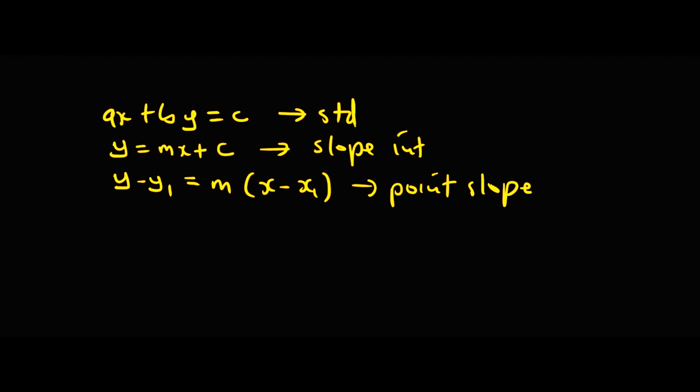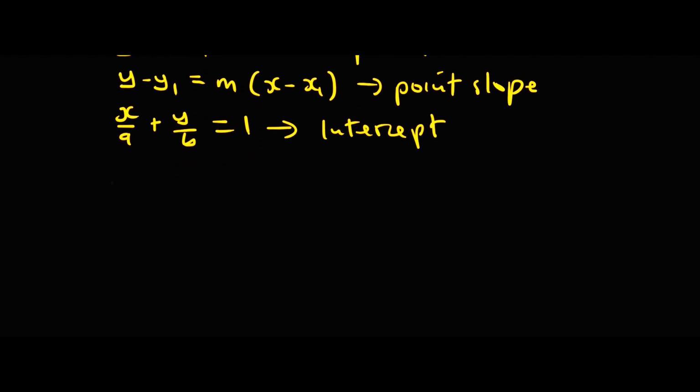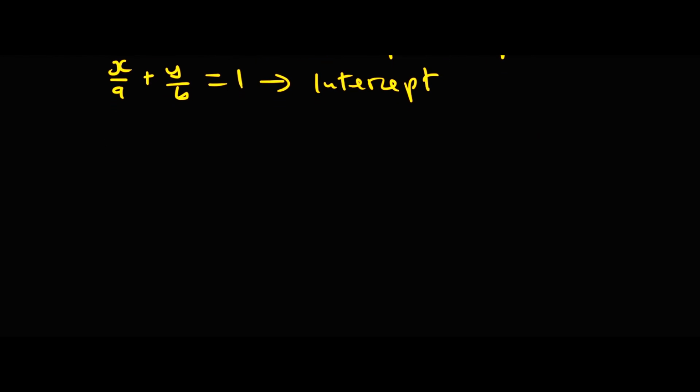The intercept form is given by x over a plus y over b is equal to 1. So this is the one that we are going to apply. It is called the intercept form. It is the one that you want to employ to obtain the x and the y intercept.